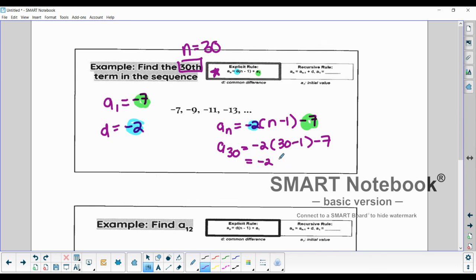And so that's going to be negative 2 times 29 minus 7, which is negative 58 minus 7. So the 30th term will be negative 65. So if I kept this pattern going until I got to the 30th number in the list, that 30th number would be negative 65.